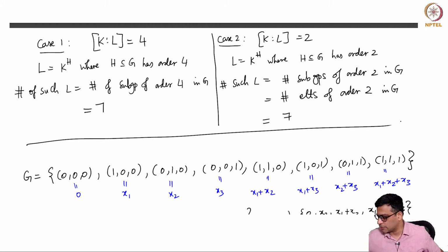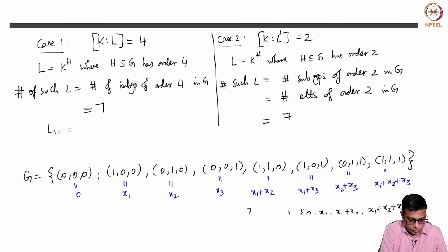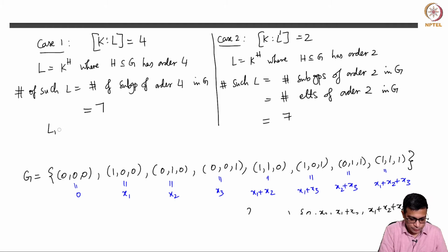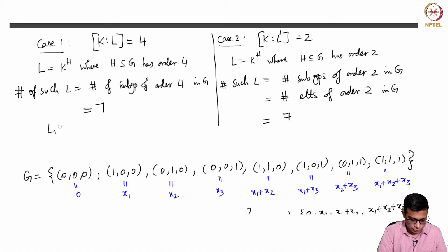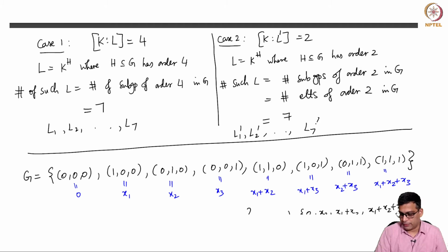So let me give some names to this. Let's call this L1, L2 to L7. I will use prime to denote the second case. I have L1 prime, L2 prime up to L7 prime.